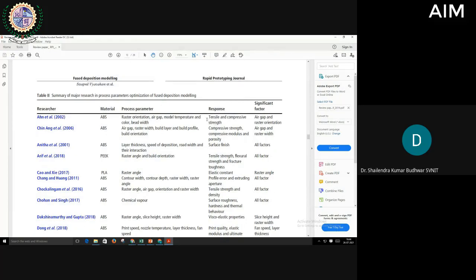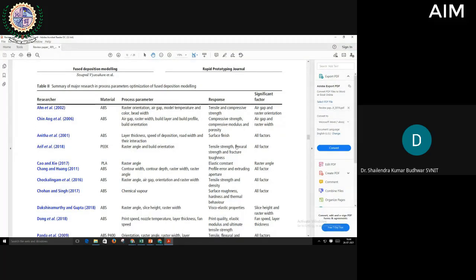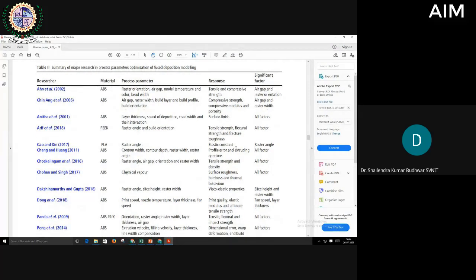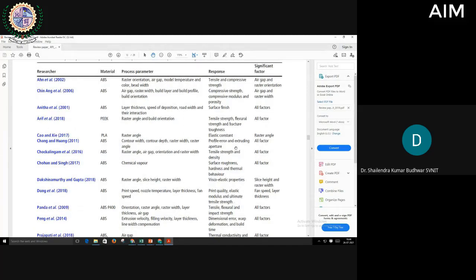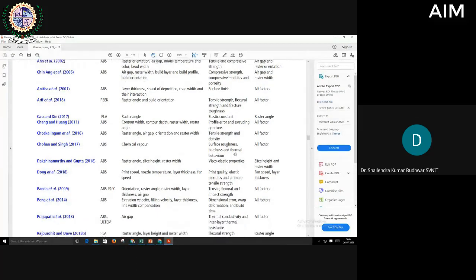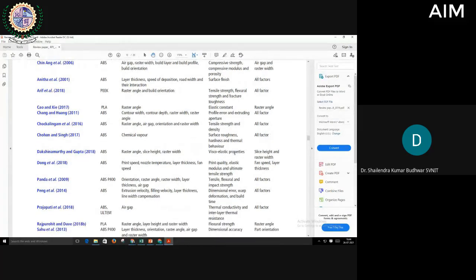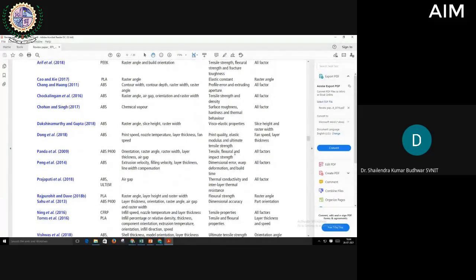Responses are like tensile and compressive strength, compressive modulus, porosity, surface finish, flexural strength, fracture toughness, elastic constant, density, hardness, viscoelastic properties, print quality, elastic modulus, ultimate tensile strength, dimensional accuracy, build time.